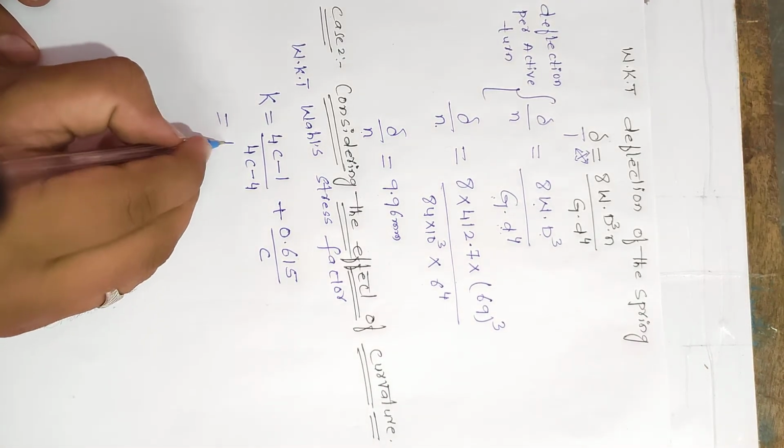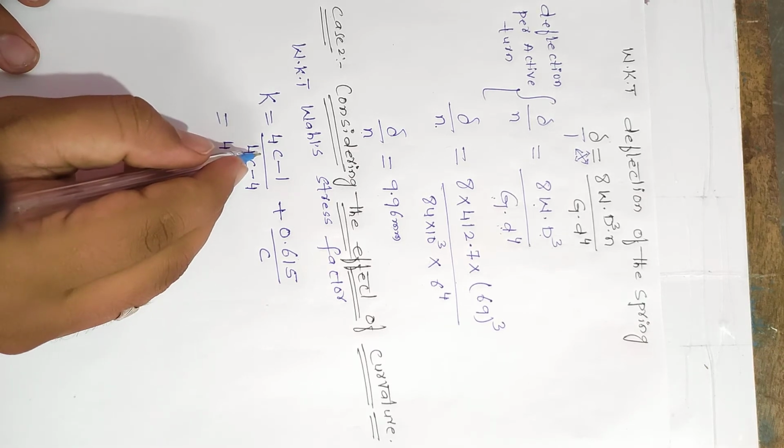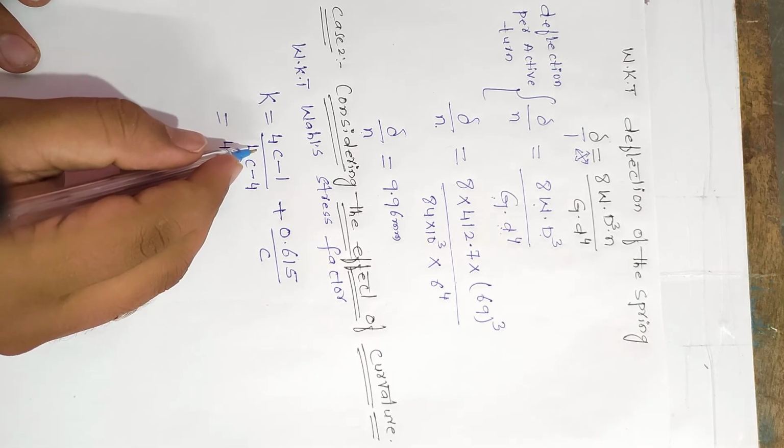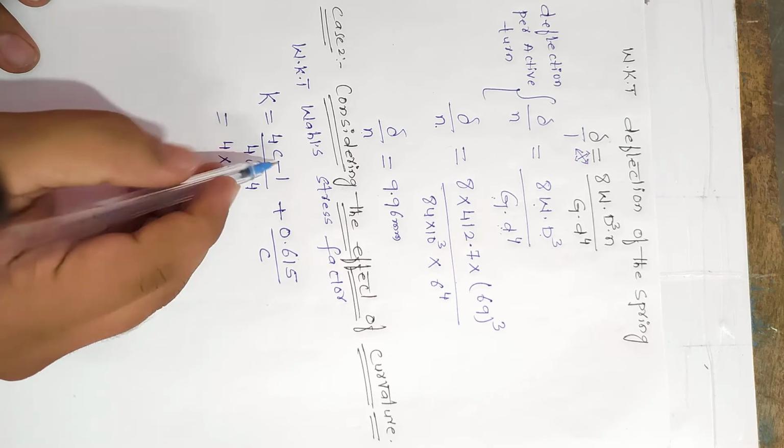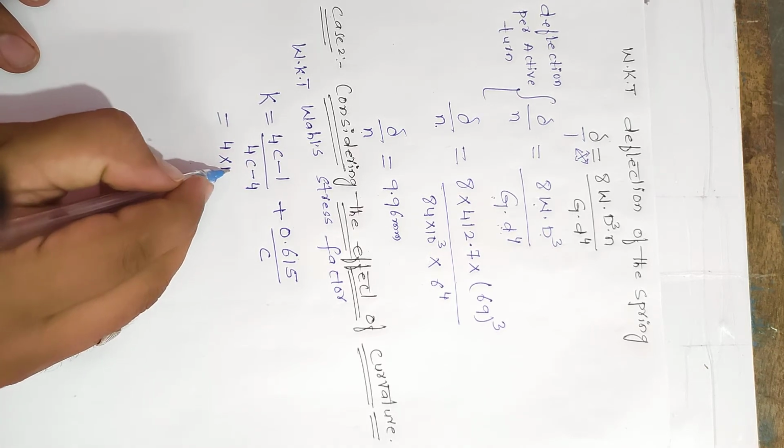So 4 as it is, C how much we got here? 11.5. So that is the value of spring index.